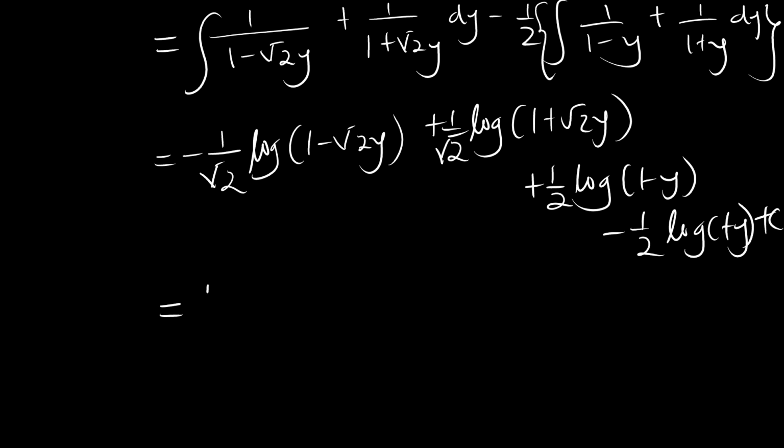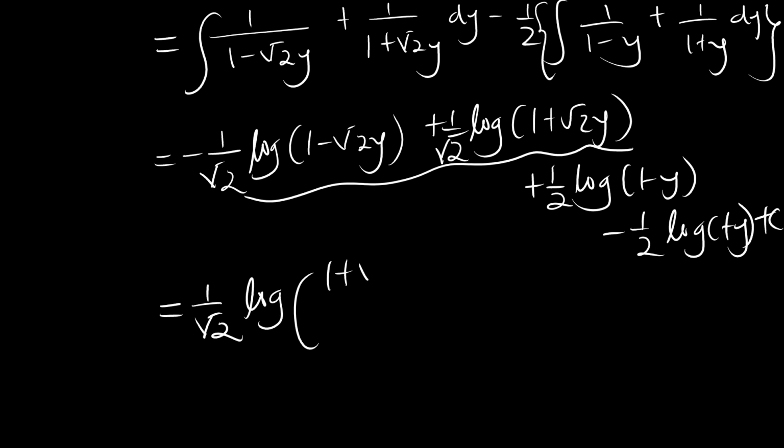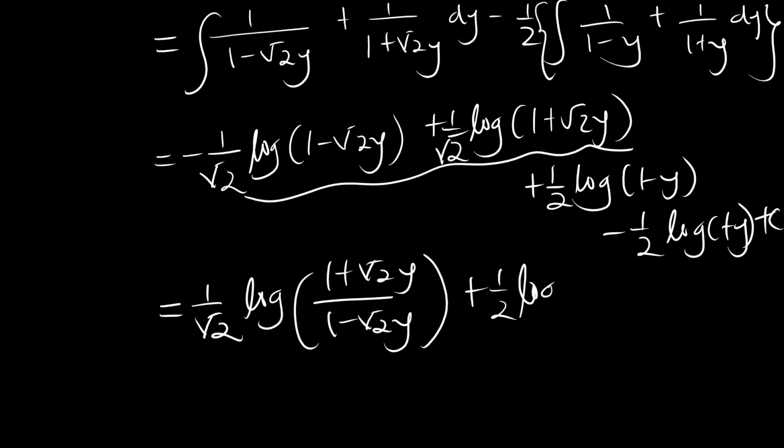So this becomes 1 over root 2. We can consolidate this first part here. So we have natural logarithm of 1 plus root 2 y over 1 minus root 2 y plus a half natural logarithm of 1 minus y over 1 plus y plus c.